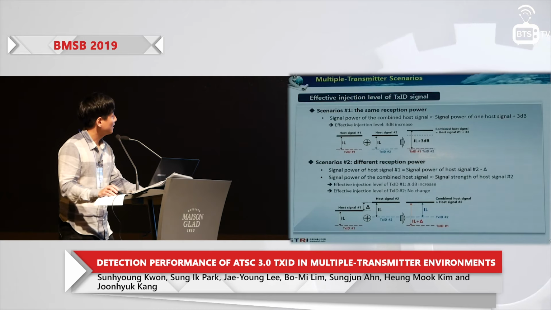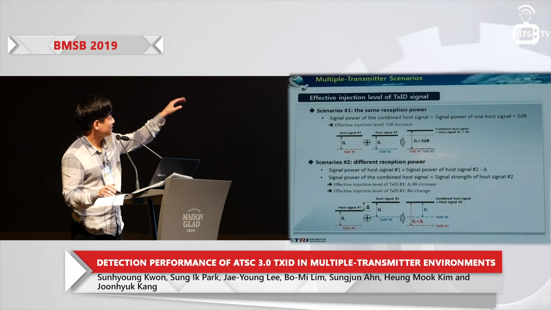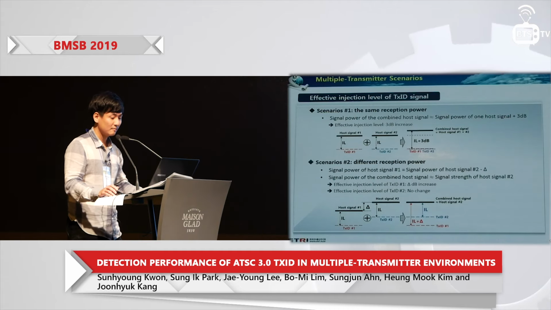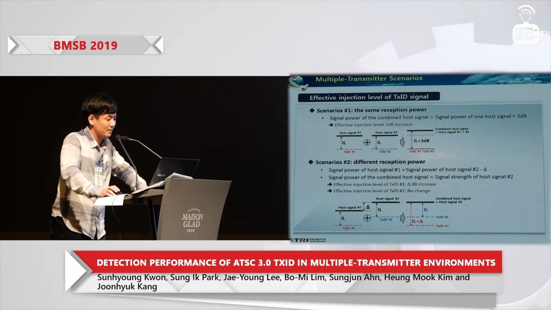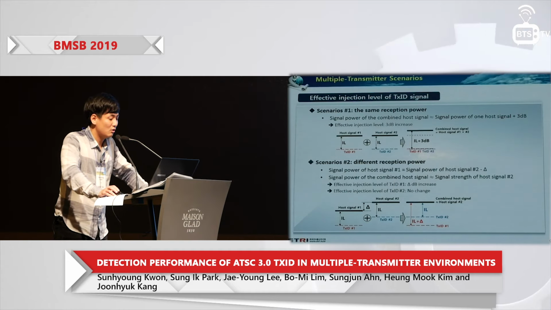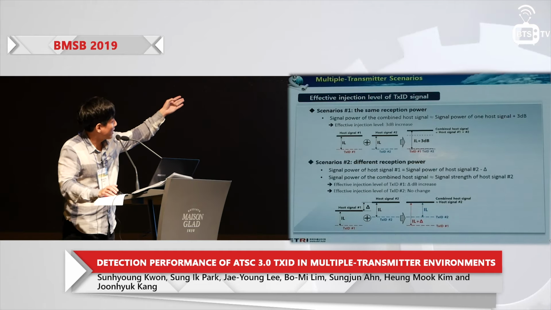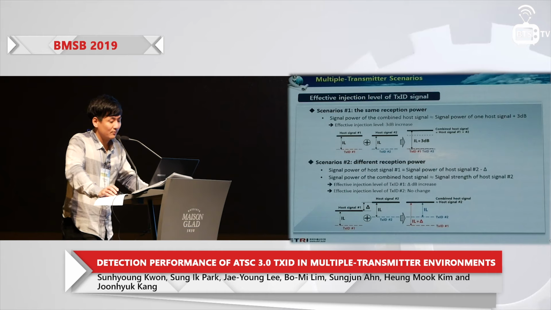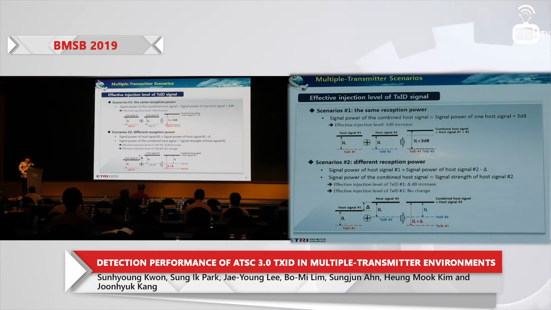Then the combined host signal power, which is colored in black, is increased by 3 dB. So the effective injection level for both TxID signals, the red and blue one, is also increased by 3 dB. So it's a kind of mild situation.